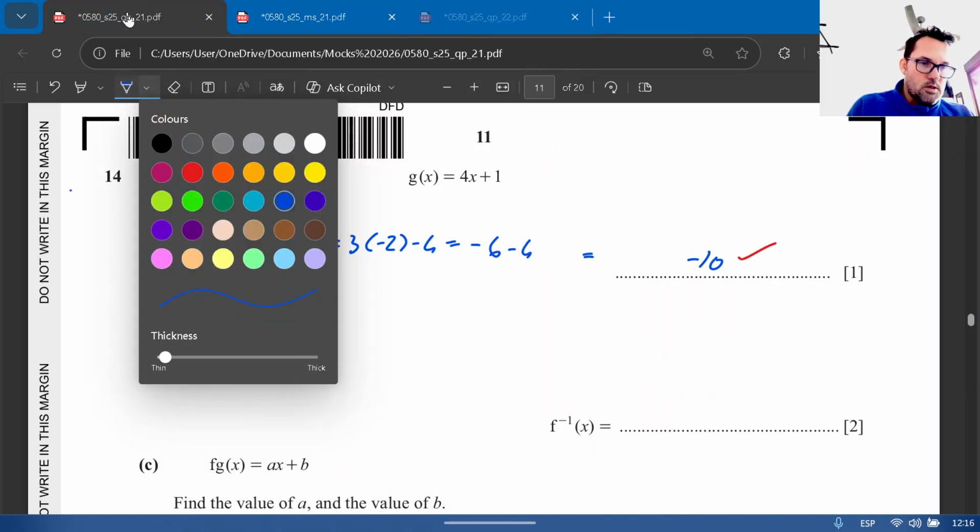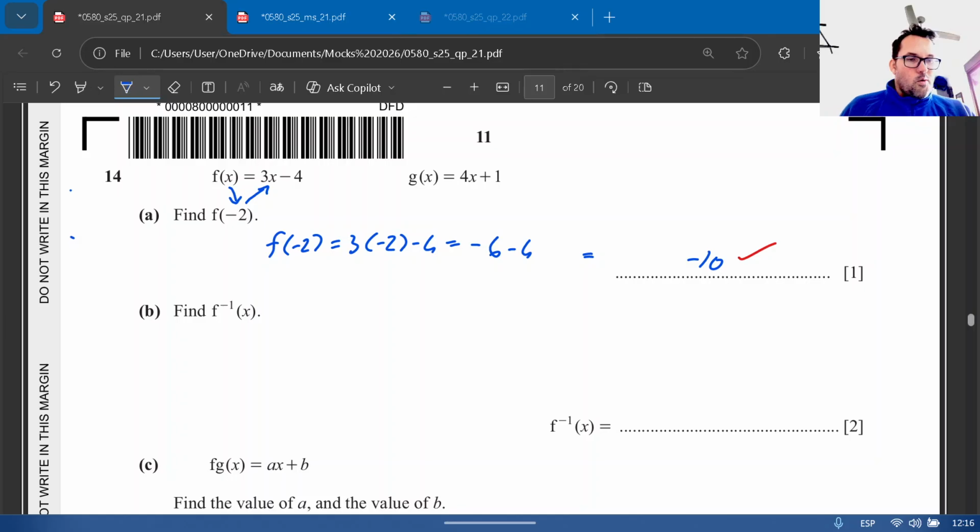You don't, you don't. Right, inverse of f. That means we need to do this backwards. Okay, that means if we start with x, what's the first thing that happened to x? It was multiplied by 3. That's how you get 3x.